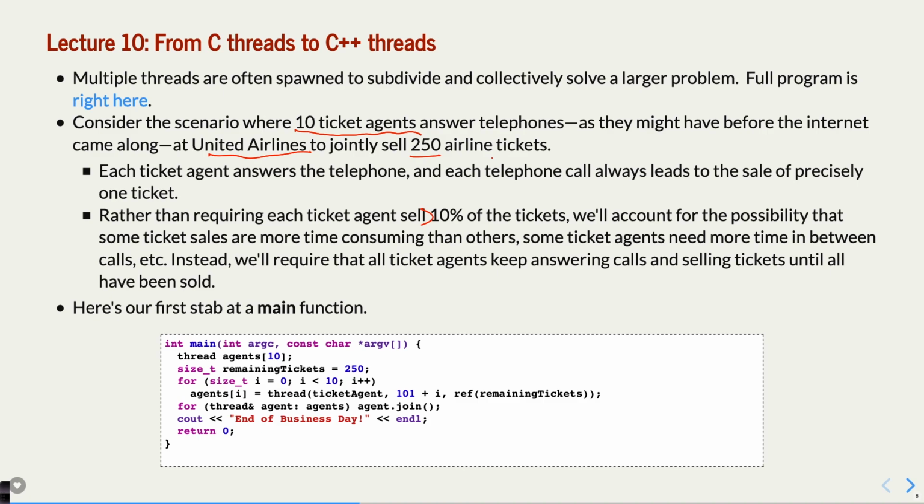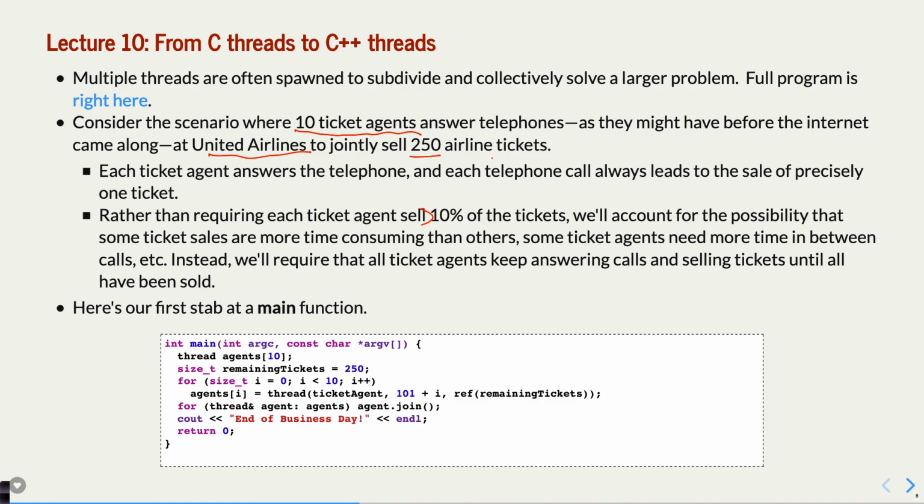Now, it might turn out that somebody wants to fly to the middle of nowhere or whatever, and the ticket agent takes a little longer to actually process that ticket. And it might be that some other ticket agent gets a whole bunch of people who just want to fly from New York to Boston, and it's an easy, 2-second phone call.